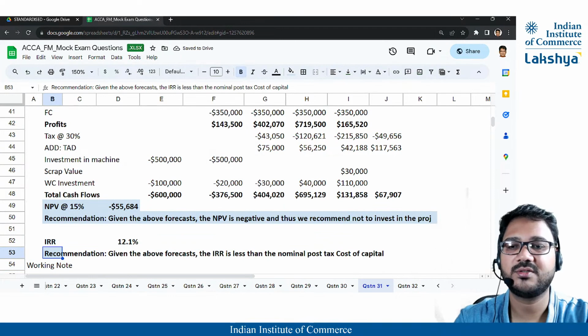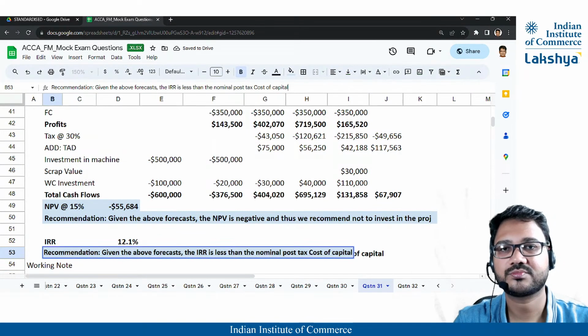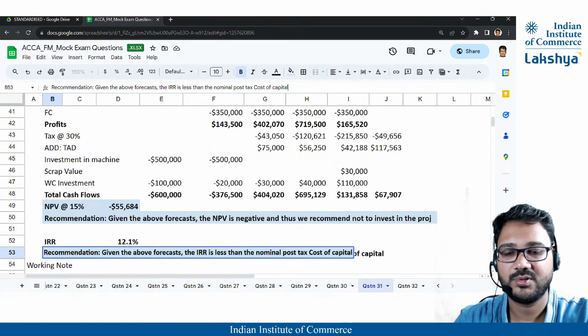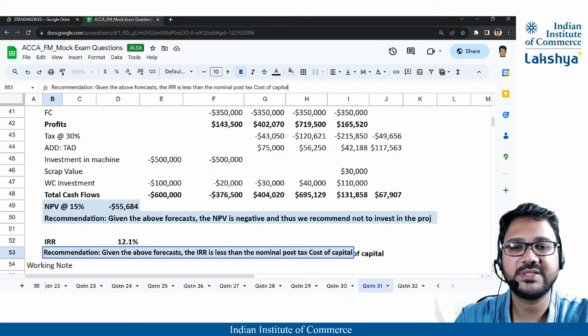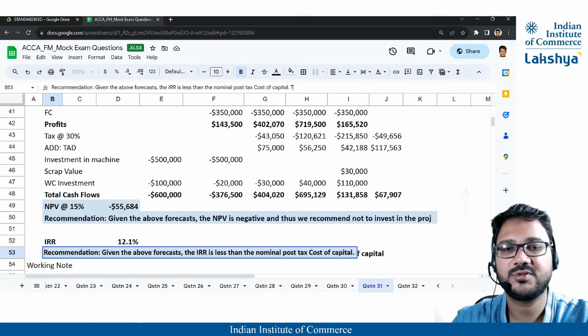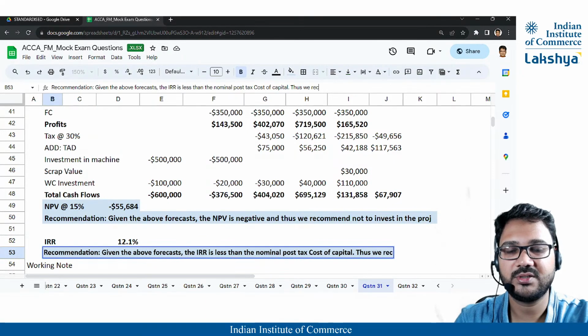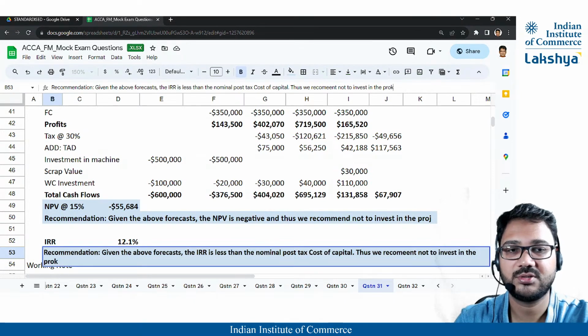So we will say, given the above forecast, the IRR is less than the nominal cost of capital, thus we recommend not to invest in the project.